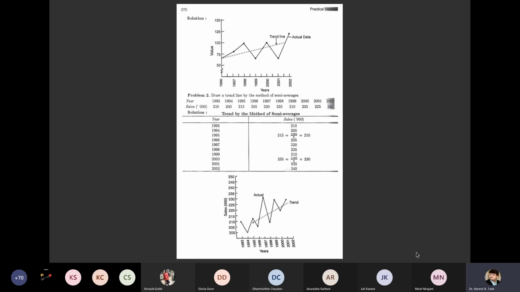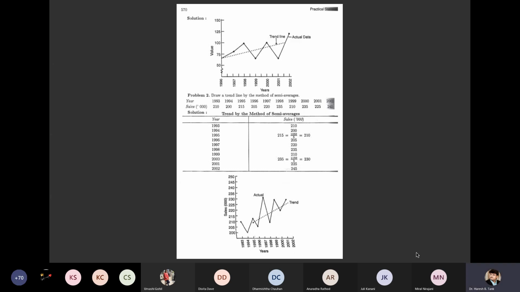These 2 points are the ones we have calculated. 1995: against 1995, the point is 210. So plot this point on graph paper, 1995 on the x-axis and 210 on the y-axis.